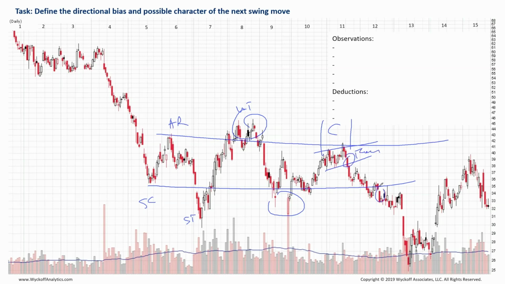Some add-ons, maybe somewhere here and here especially, and I would probably be getting out of the swing position here, definitely in this area, because that shows that the rally is going to be taking place. And then this would be another point of entry, a really good one, even somewhere here earlier on the break of the upthrust. Okay.